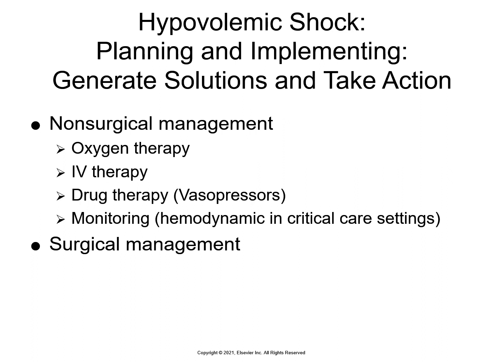So the treatment plan: we always want to treat the cause. But either way, we need to replace the volume they lost. That may be by giving crystalloids, or it may be by colloids, depending on what the problem is.